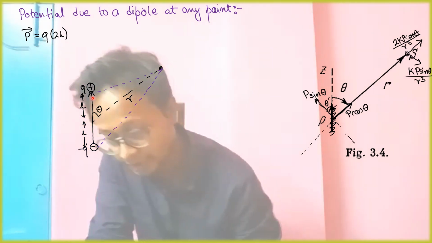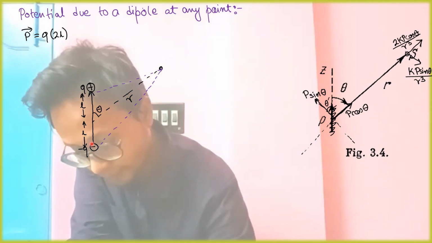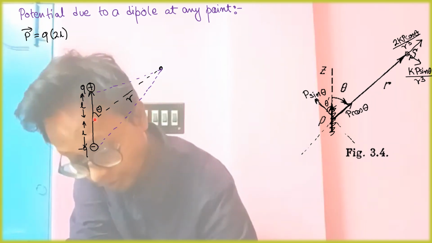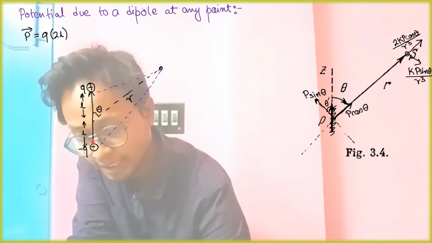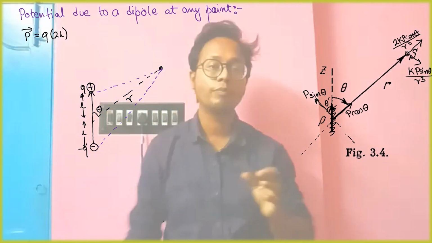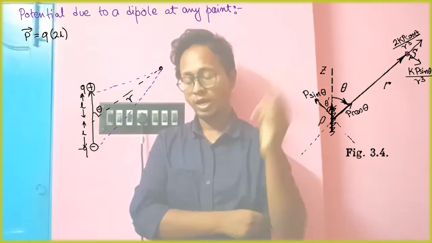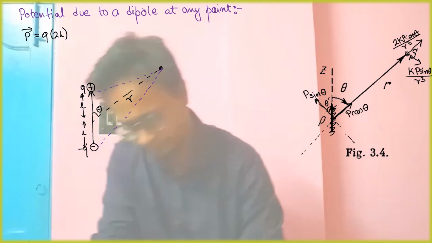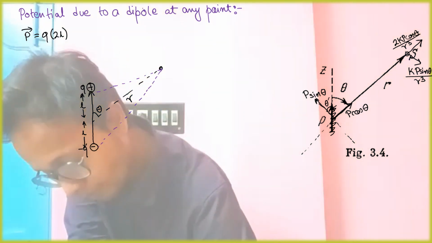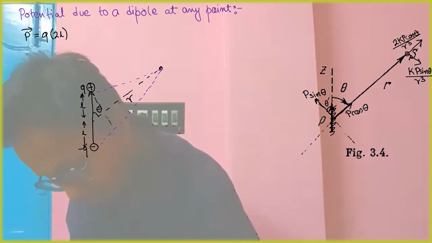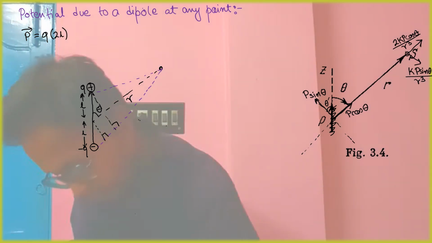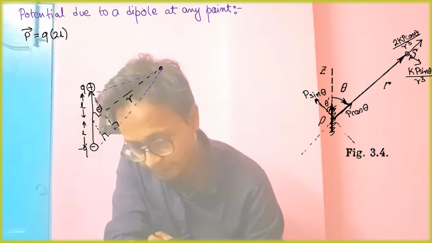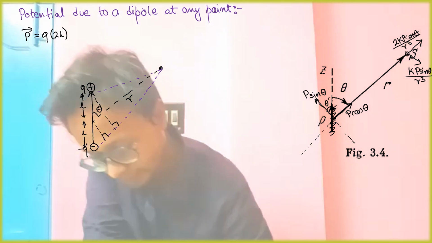The assumption is that this length l is very small when compared to this length r. That means the length of the dipole is very small when compared to r. So how do you use this assumption? See here, we draw a perpendicular line here, and here.